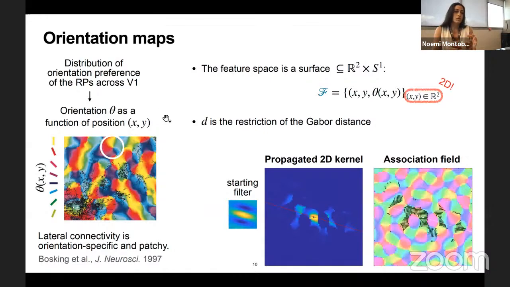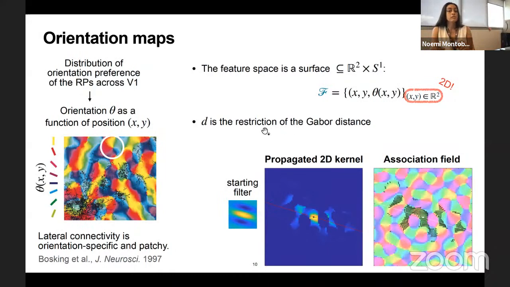So with this more realistic representation, our feature space becomes bidimensional, and it can be parameterized as a surface contained in R2 times S1, given by X, Y, and theta of XY, given an orientation map theta. So the distance in this case is computed by only using those filters that lie on the surface, and the connectivity kernel lives on the surface F as well.